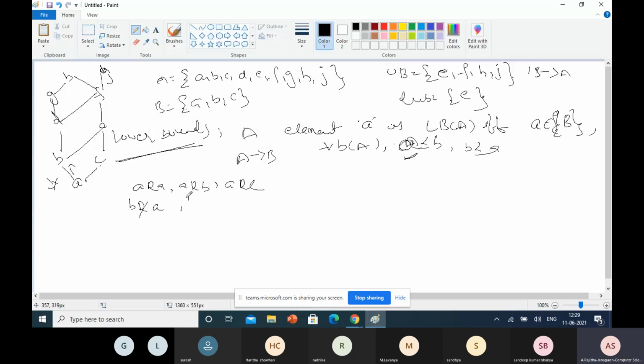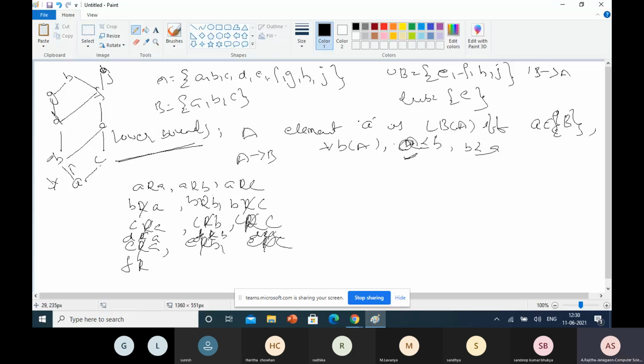Next is C. C does not relate to B, sorry, C relates to C. Now the remaining elements: E does not relate to A, B or C. Like that, D also does not relate to A, B or C. Why? Because there is no downward.